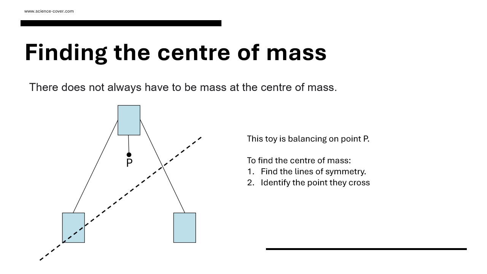So this is one line of symmetry. Here is another, and here is another. And the point that these three cross is the centre of mass. But we can see that there is no substance or matter at the centre of mass in this particular example.